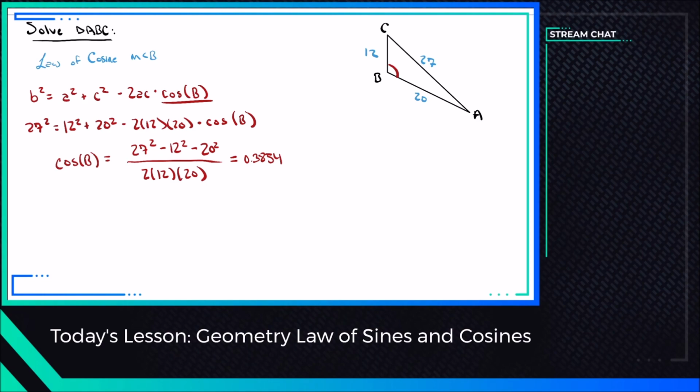And then if we use the inverse cosine of 0.3854, we're given that the measurement of angle B is equal to 112.7 degrees.